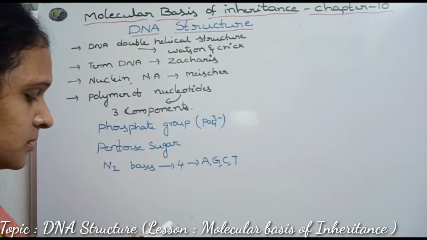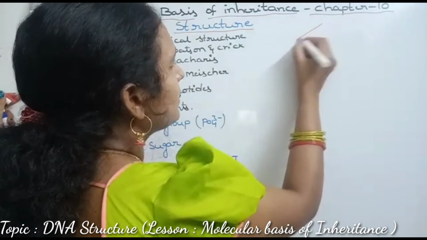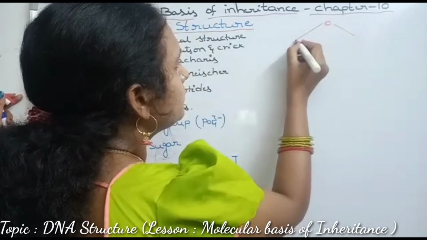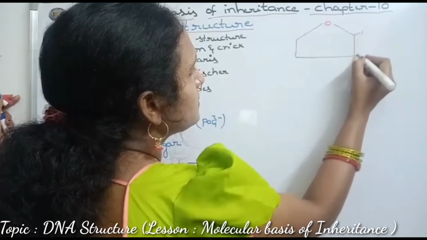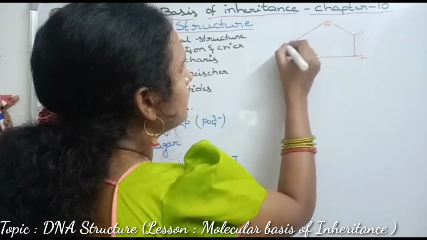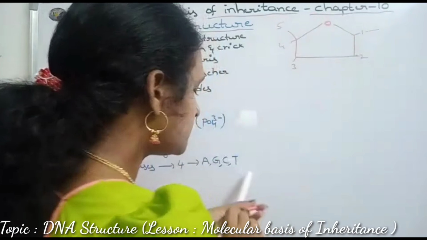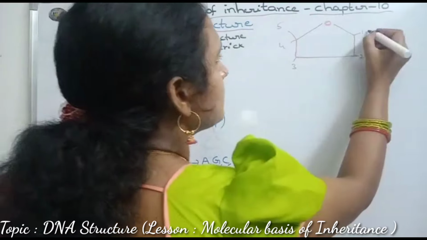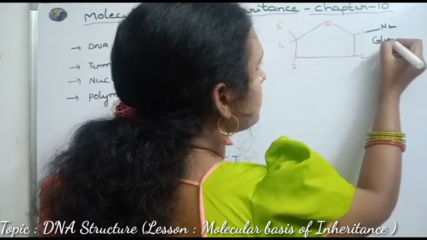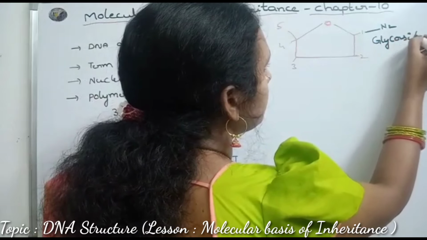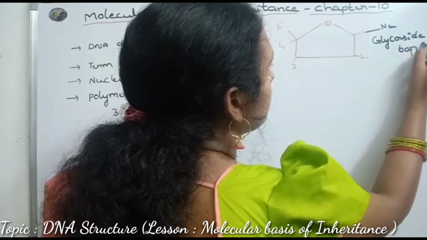So I will draw the structure of the DNA. Sugar group: first carbon, second carbon, third carbon, fourth, fifth carbon. In the first carbon there is the nitrogen base with a glycosidic bond. Important: nitrogen bases with glycosidic bond.